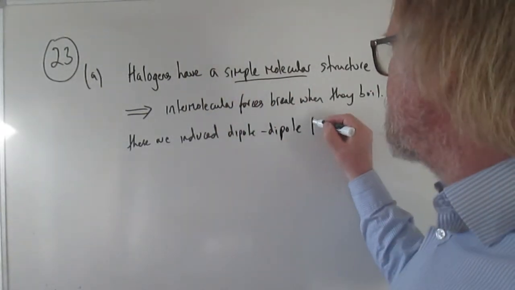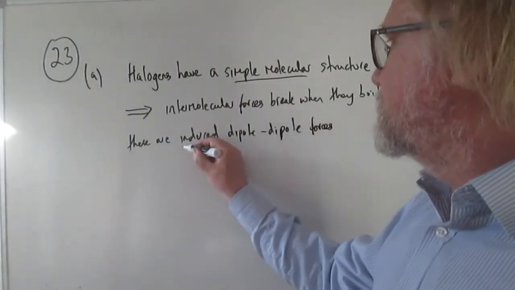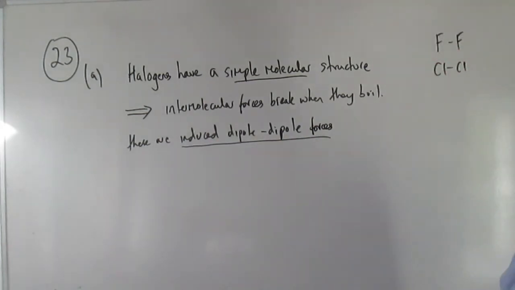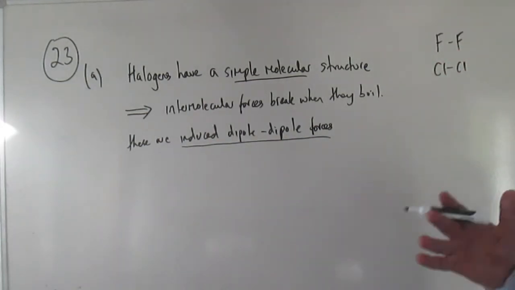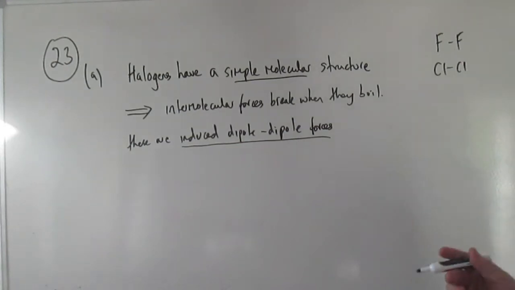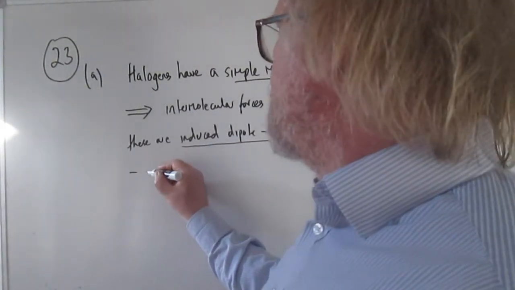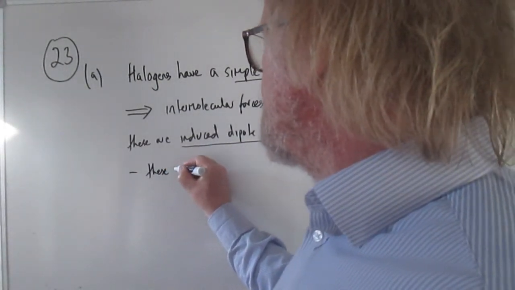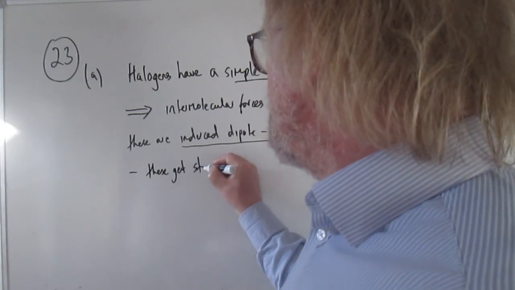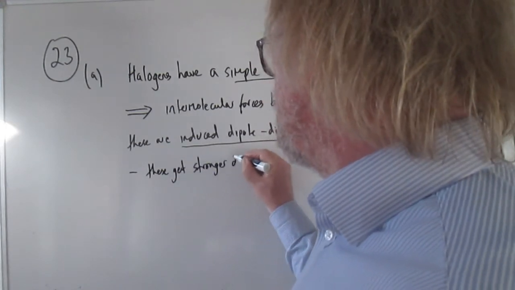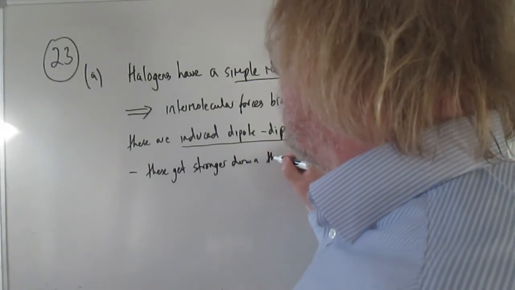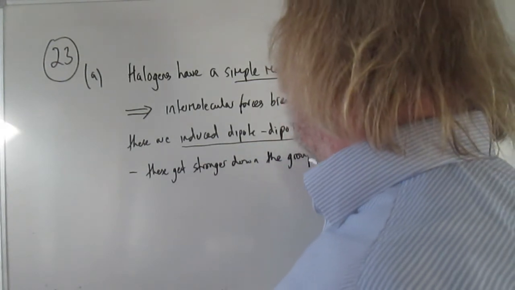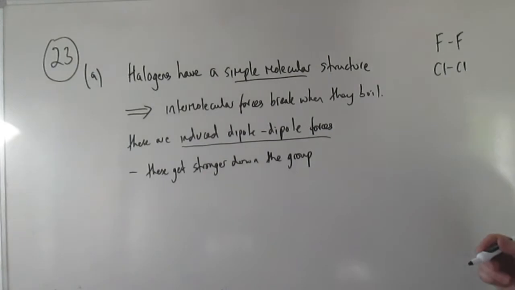So these are induced dipole-dipole forces, and that's important because knowing the type of force tells you what factors control their strength. And the important thing here is that these get stronger down the group because the number of electrons per molecule increases.